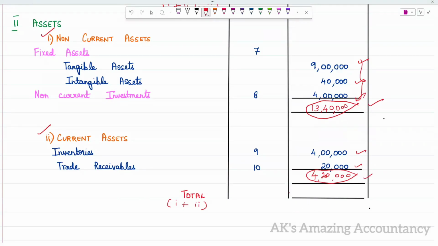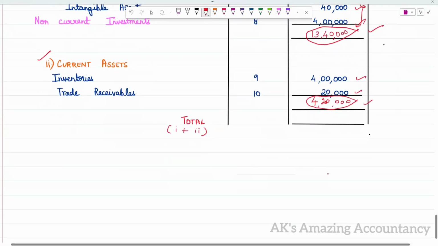When you add these two amounts together, you will be getting a total of 17 lakhs and 60,000.